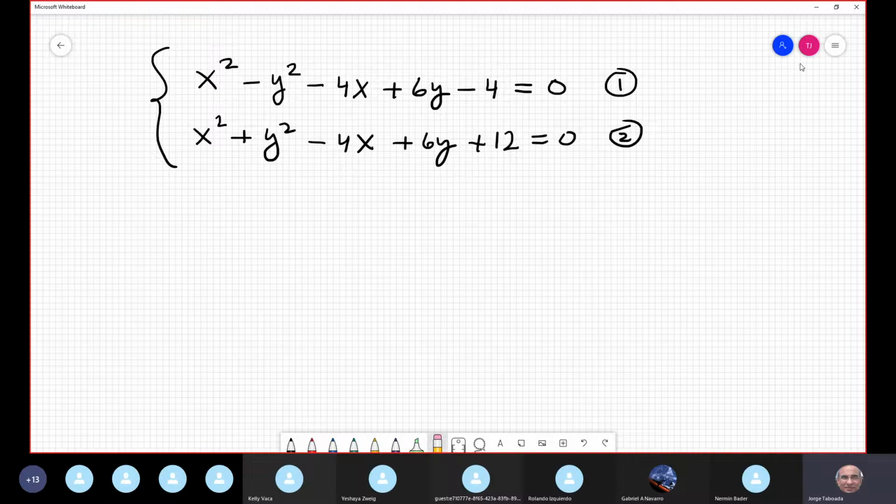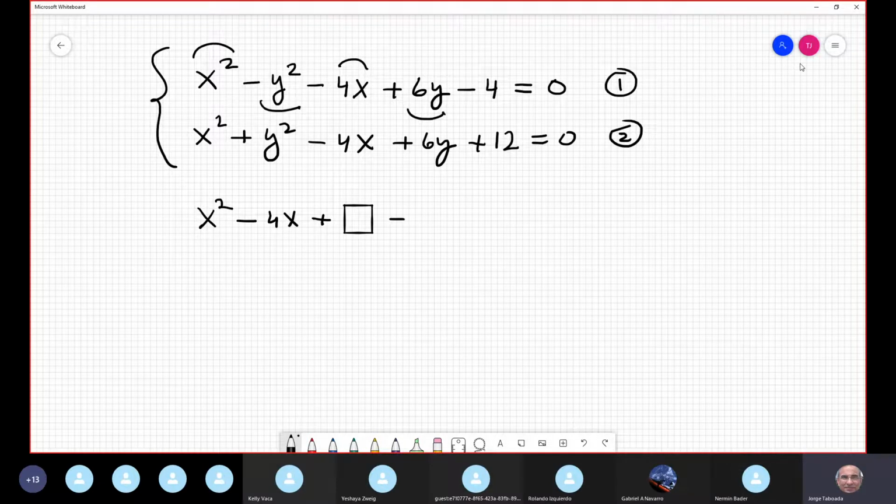Let me explain the idea behind completing the square. You take the first equation and you group the x separately, so minus 4x. You take x and complete the square. And the y and complete the square.